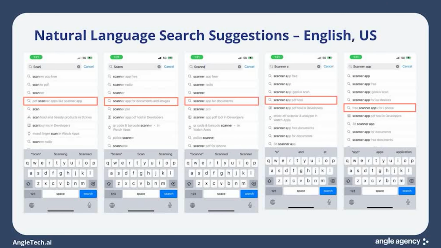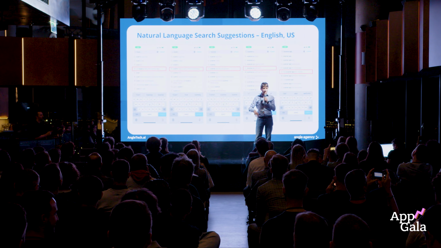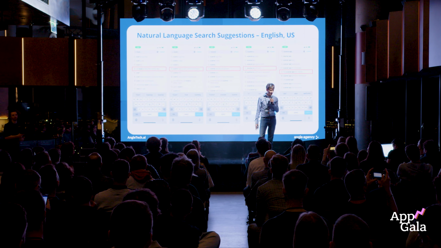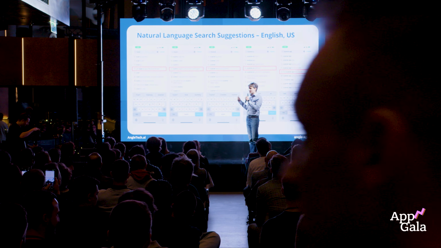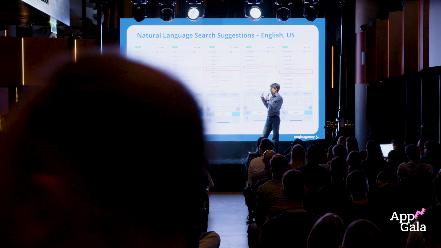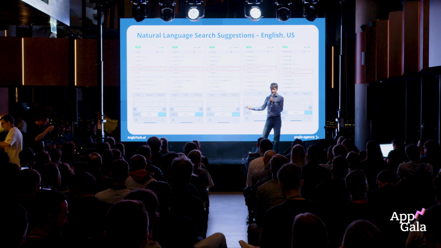The first thing you should use if you work with Apple Search Ads and with ASO is that there are now natural language search suggestions on the App Store. They are available now, probably on your device, and probably already working. In this example, I search for Scanner app on the App Store.